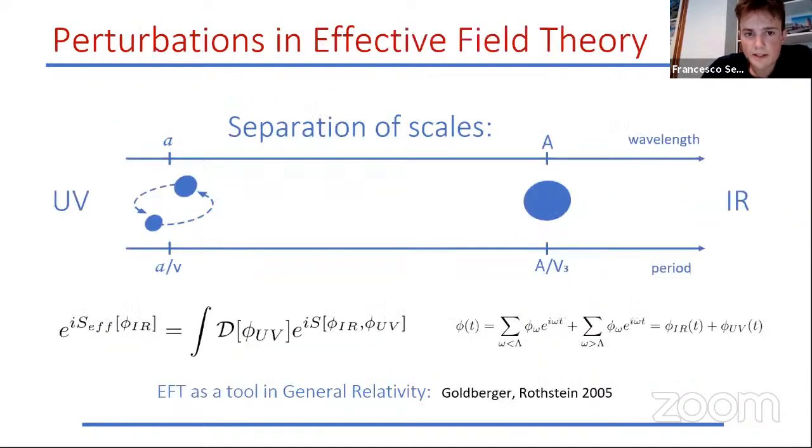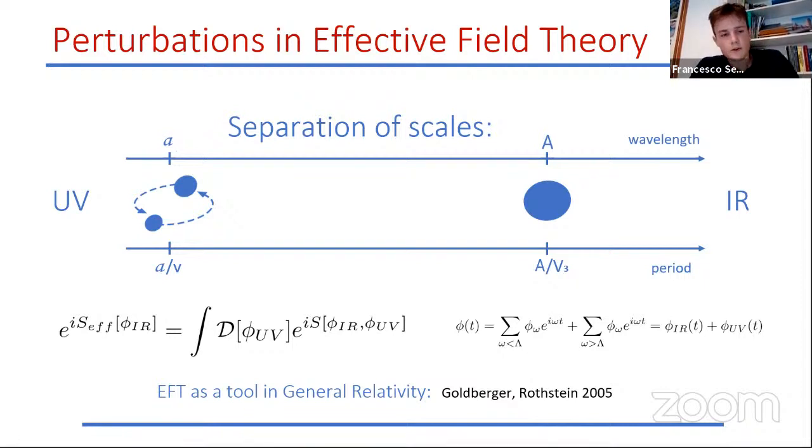It is well known that effective field theory is a very powerful tool to describe systems in which there is a well-defined separation of scales, and this is perfectly the case of our hierarchical triples, because as we have seen, the size of the inner binary is much smaller than the size of the outer orbit, and the same is true for the periods.